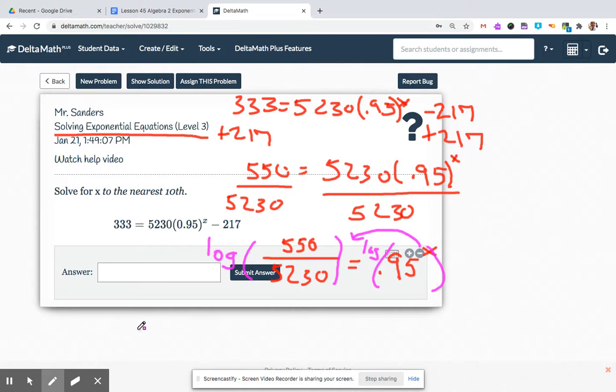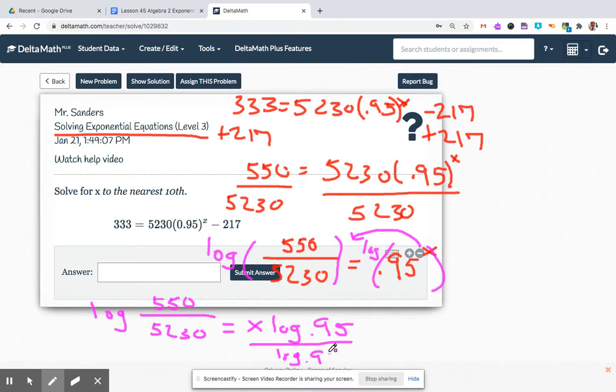So this now becomes log base 10, or common log, of 550 over 5,230 equals x log base 10 of 0.95, and then divide by log of 0.95 to both sides.